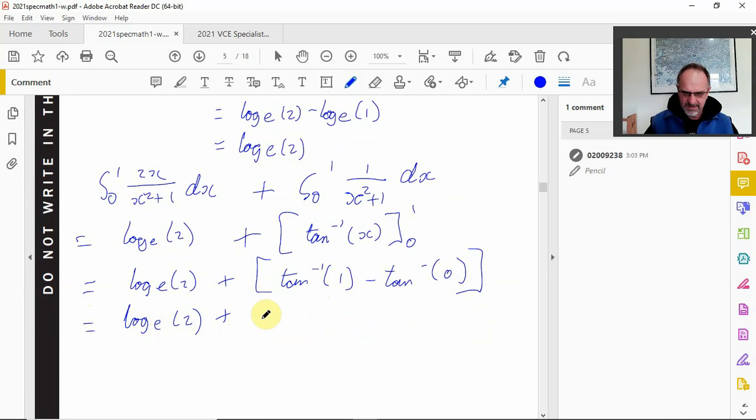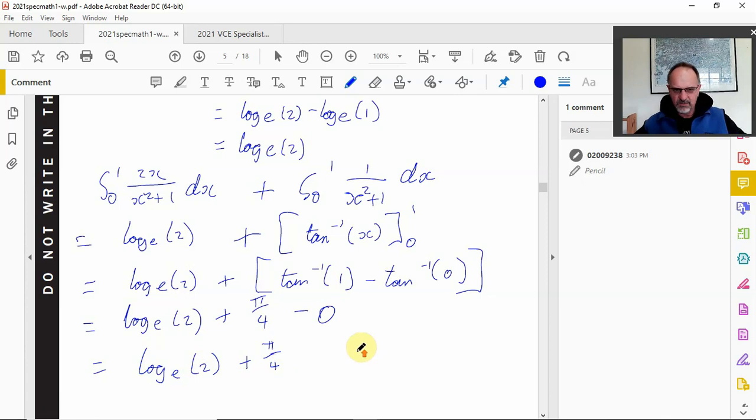Inverse tan of 1, so it's pi on 4 that has a tan of 1. The angle that has a tan of 0, well, that is 0. And so our final answer is log to the base e of 2 plus pi on 4. All right, so that's one way of approaching it.